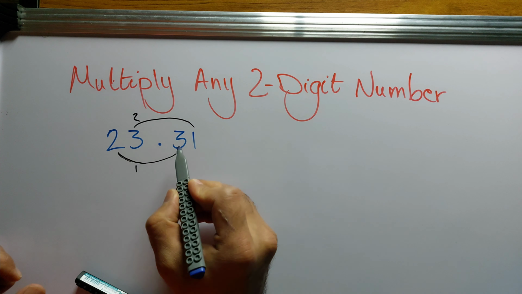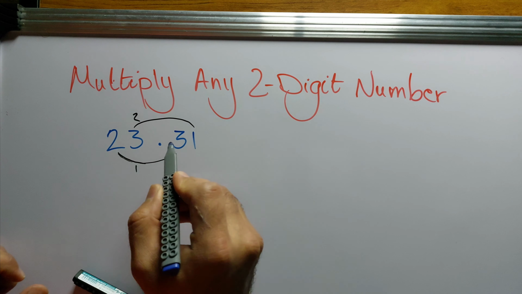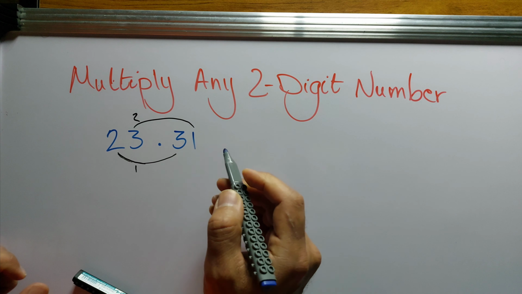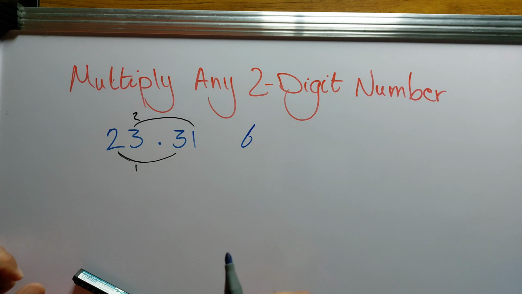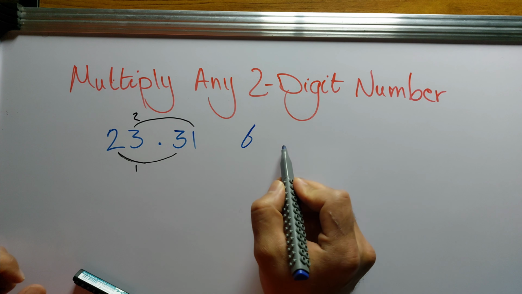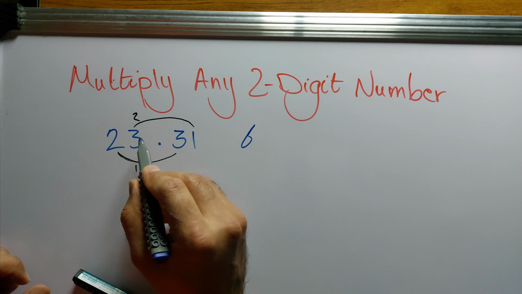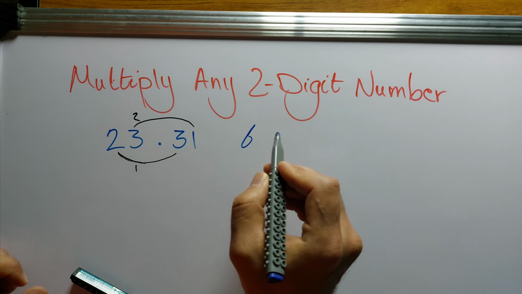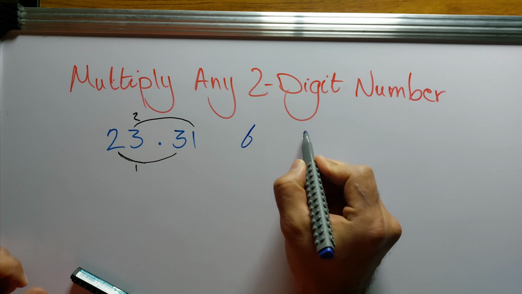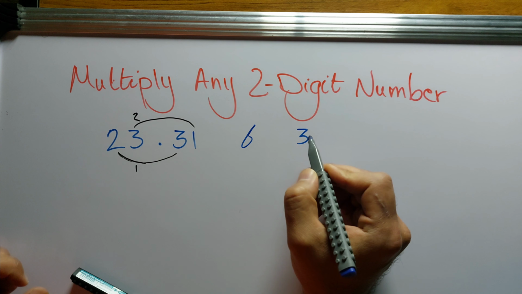First step, multiply the first digits. So 2 times 3 is 6. Then leave some space in the middle because we're going to fill it out later. Then multiply the last digits. So 3 times 1, the last digits, is just 3.